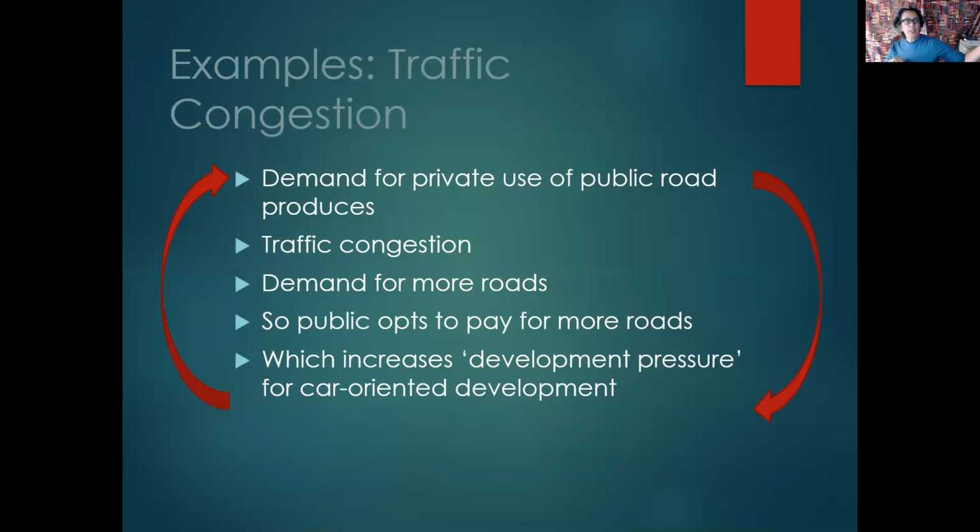And so then you have more people living farther out, a higher demand on the road, until you once again reach some state of traffic congestion and increased demand for another lane. So it's a very common example of how cities become so sprawling.